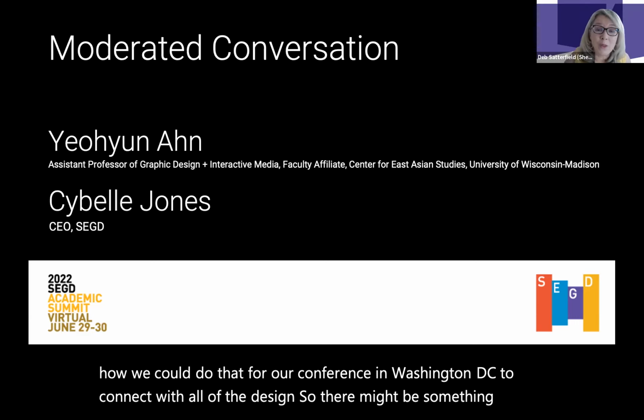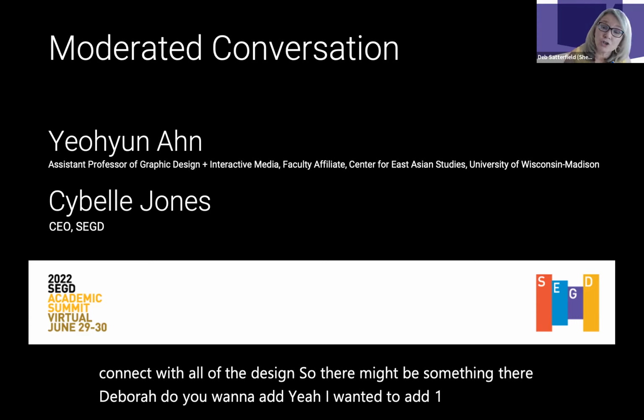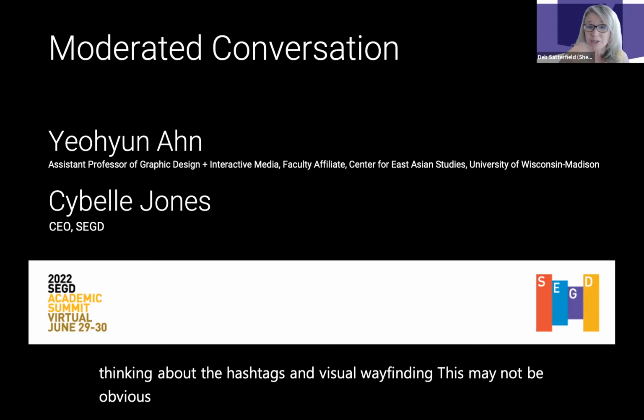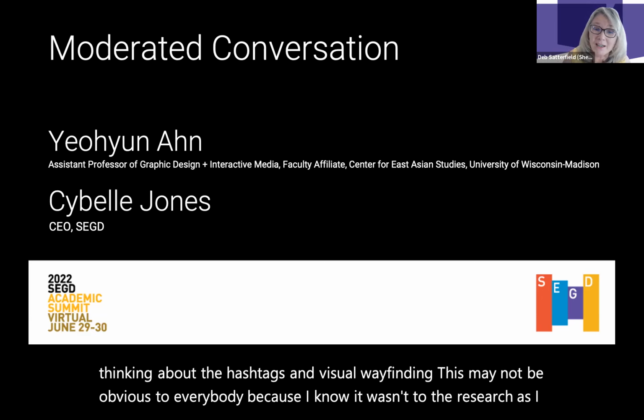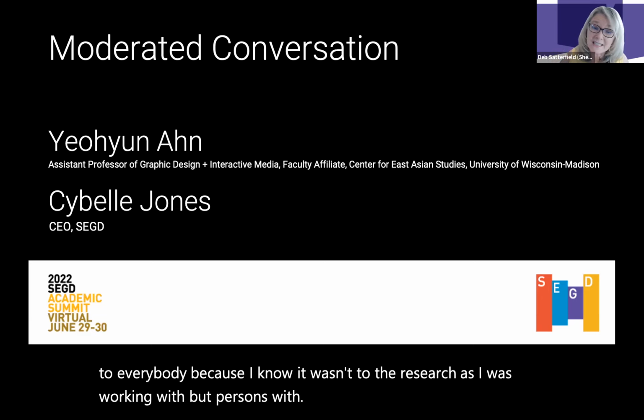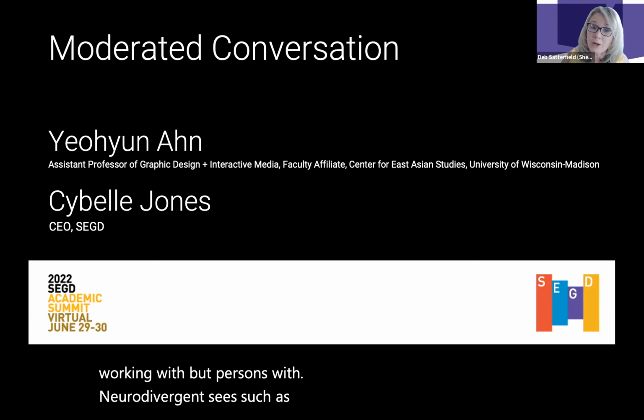Yeah, I wanted to add one thing, thinking about the hashtags and visual wayfinding. This may not be obvious to everybody, because I know it wasn't to the researchers I was working with, but persons with neurodivergency, such as dyslexics, can't use traditional wayfinding strategies at all.